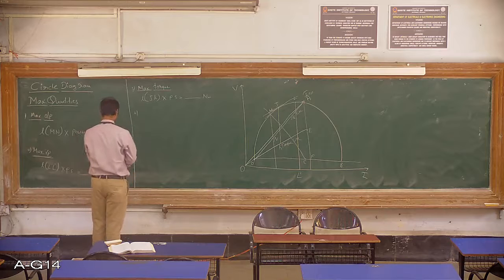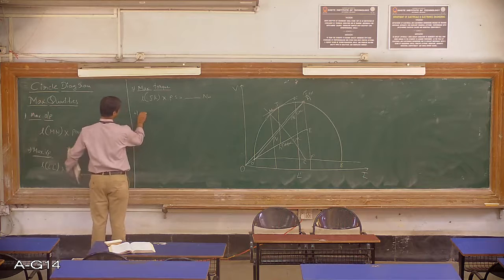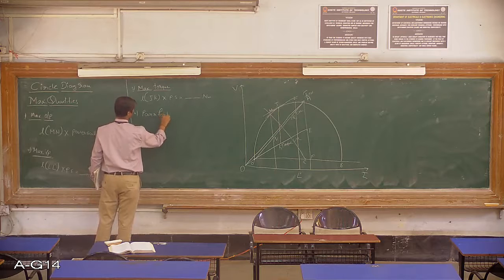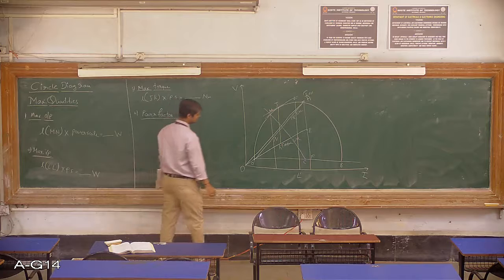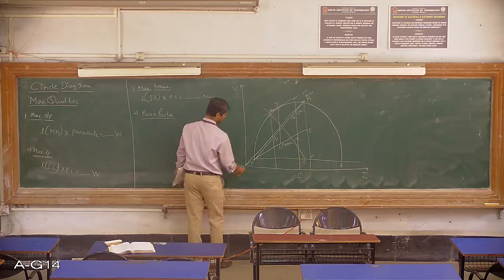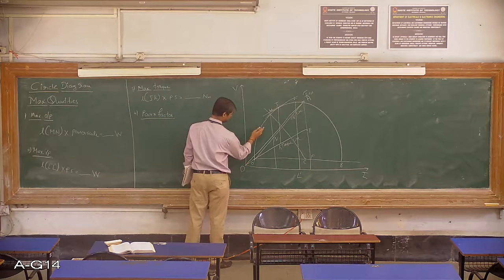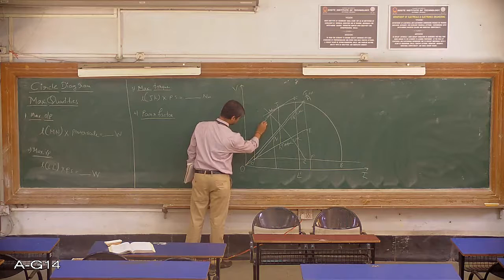Next, the fourth maximum quantity is the power factor. To calculate the maximum power factor, we just need to draw a line tangent to the semicircle starting from point O. If I draw a tangent, it would go like this.